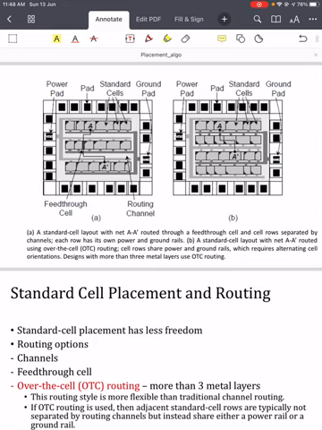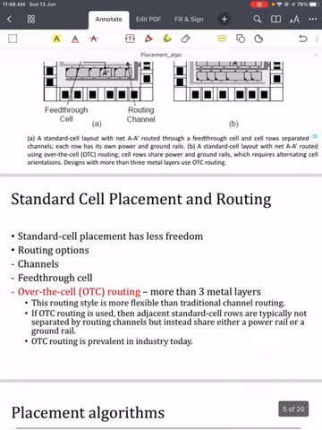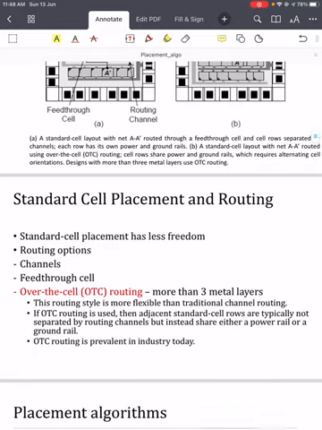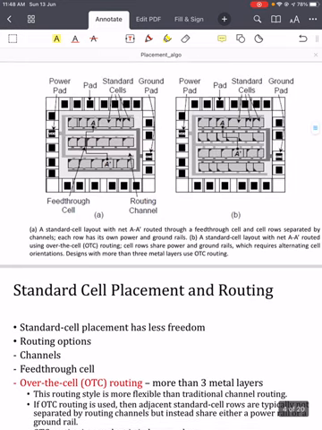So routing between standard cell rows uses either the available routing tracks between the rows or feed through cells within the rows. We already discussed what a feed through cell is. It is nothing else but one or more vertical wires running straight. A feed through cell is used when we have to connect two cells which are in non-adjacent rows.